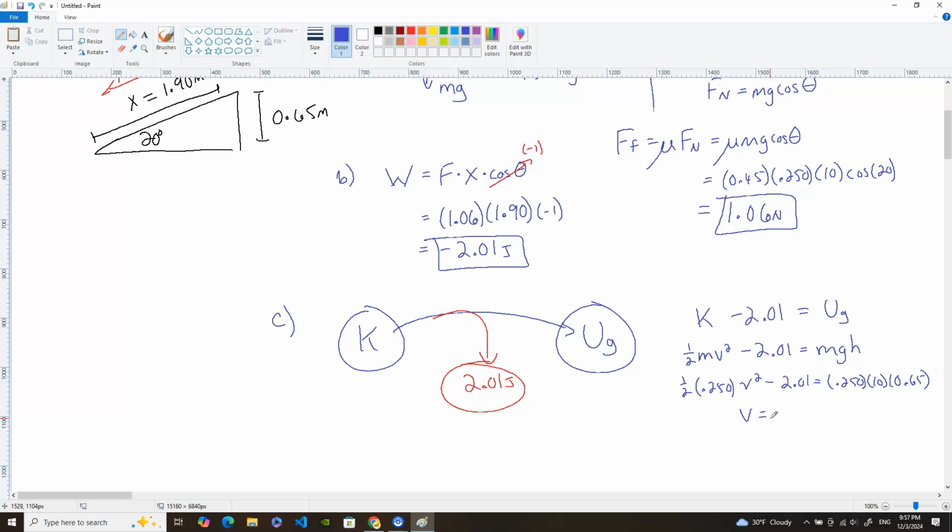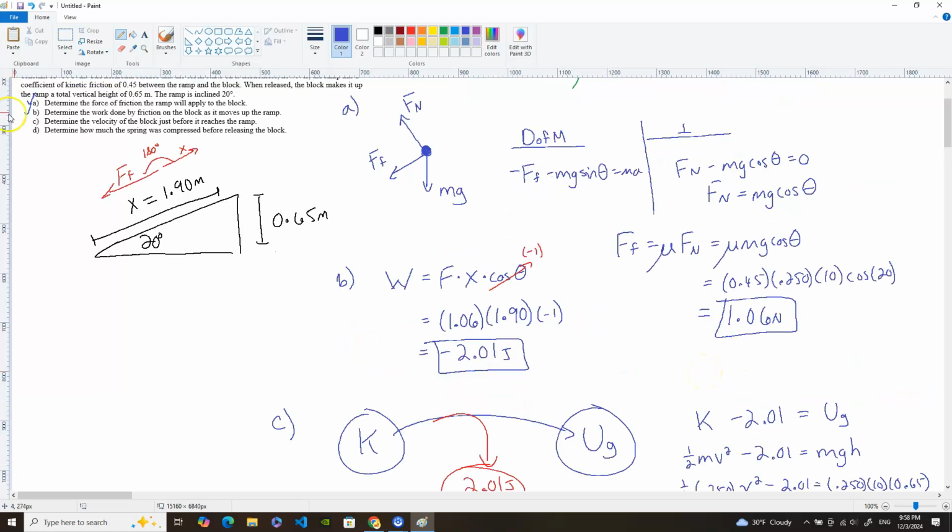You will have a nice algebra problem to solve, and if I'm doing it correctly, it should go out to 5.39 meters per second. I'm just going to double check on that before I submit this for the whole world to see. Yep, checks out. Okay. So that answers part C. Determine the velocity of the block just before it reaches the ramp.